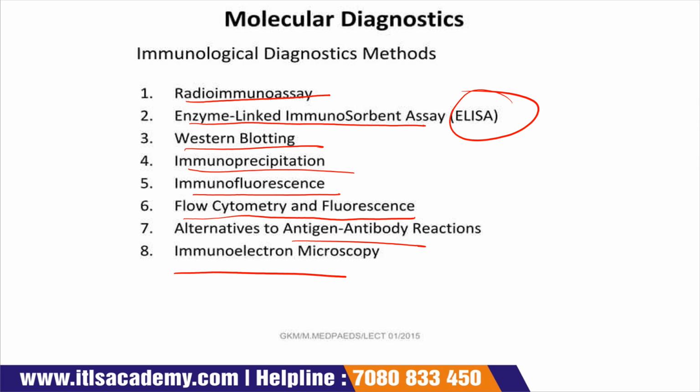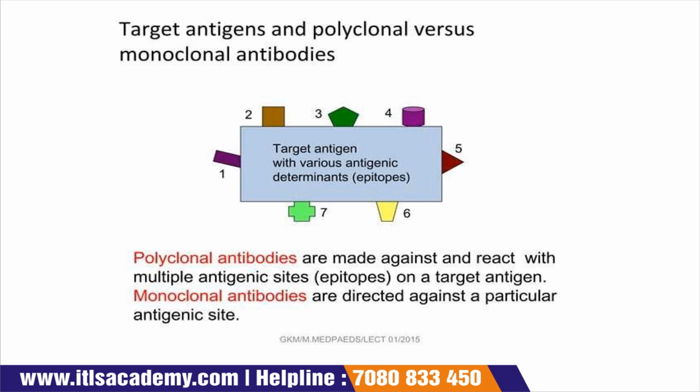Now come to the next slide, target antigens and polyclonal versus monoclonal antibodies. The target antigens are divided into 2 categories: polyclonal and monoclonal antibodies. Monoclonal antibodies are those antibodies which have only one antigen site.